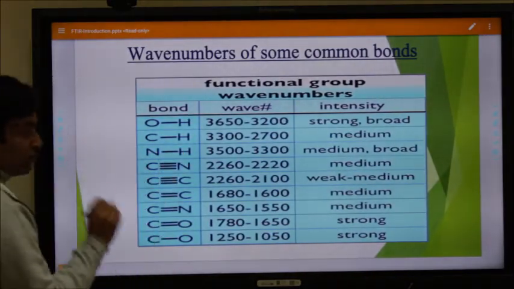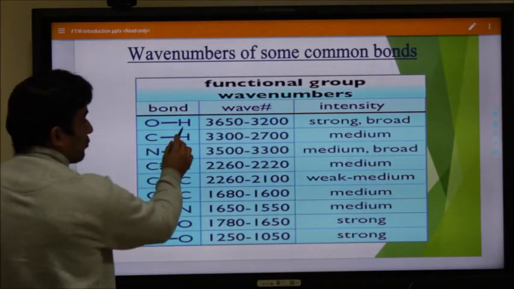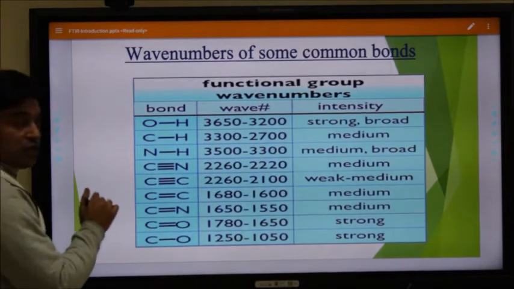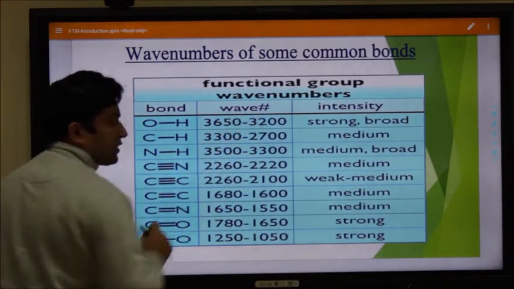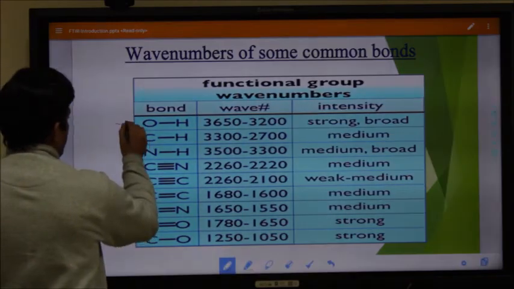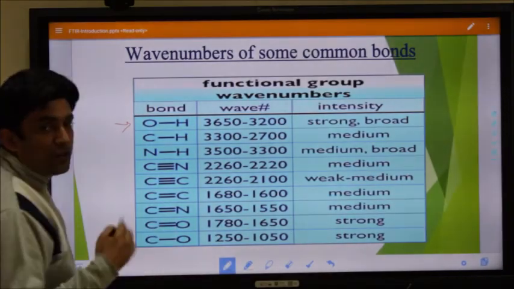As I have told you, the peak in the earlier slide was for the OH group. So this peak of 3650 to 3200 centimeter inverse was for which group? This was for the OH group. I hope you got my point.